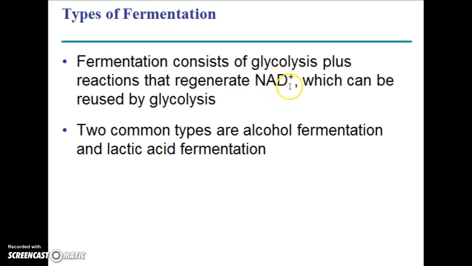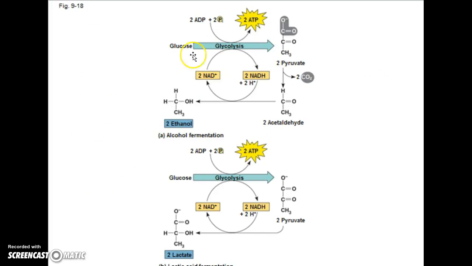But NAD will be reused by glycolysis in that cycle that we're going to be looking at here. The top part of our screen shows us alcoholic fermentation, and the bottom shows us lactic acid fermentation. Both of these are ways to produce ATP anaerobically, or without oxygen.